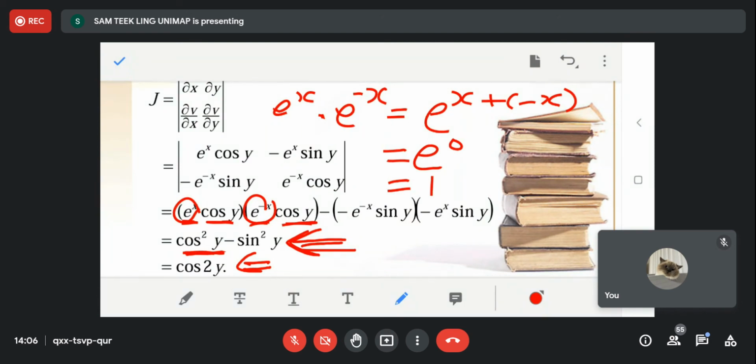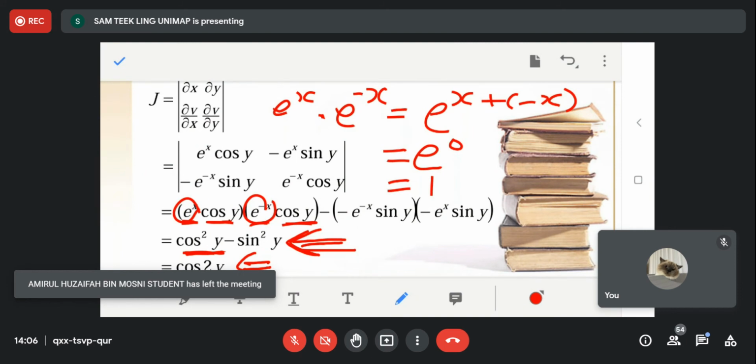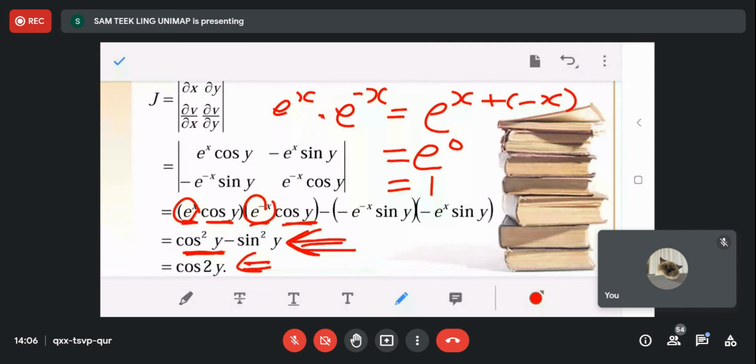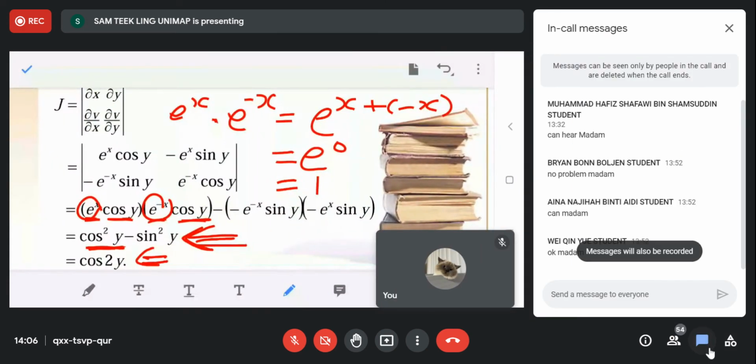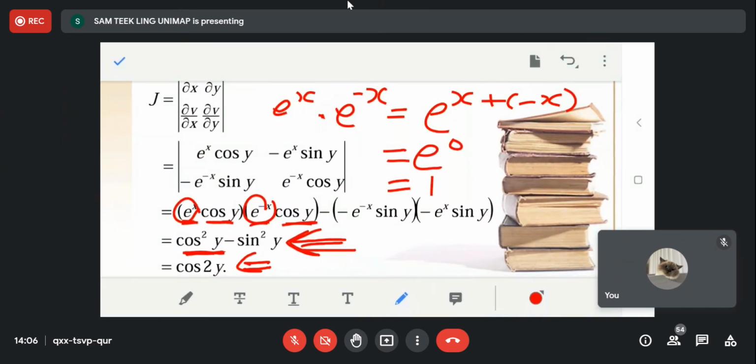So for the Jacobian, got problem or not? Any question for your Jacobian? Understood, madam.